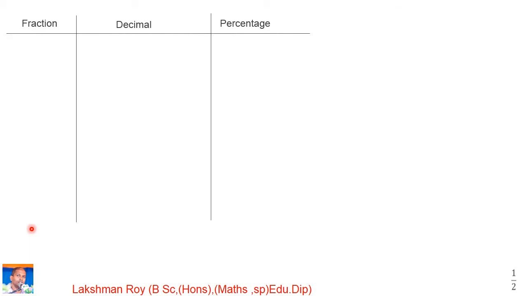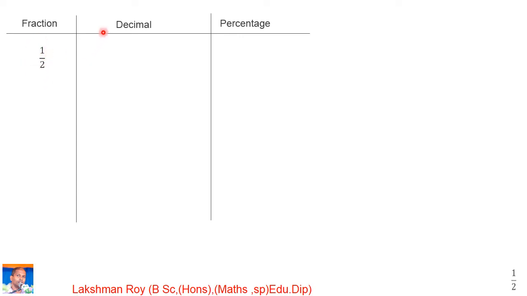Now we'll move to the revision of grade 9. Remember students, you learned fractions, how to write a fraction as a decimal, and then how to write those as percentages. So let's see. This is my first fraction. You can see half is a fraction. Now I want to write this half as a decimal number.